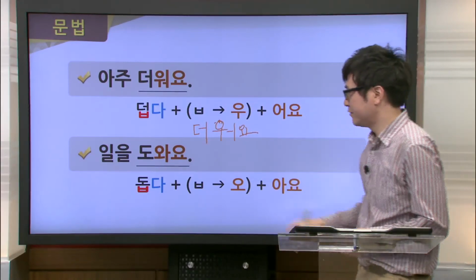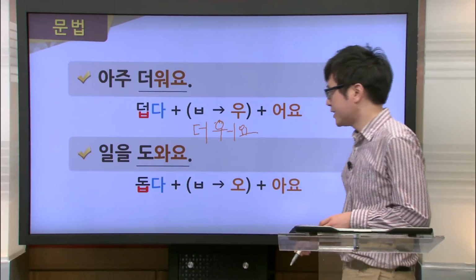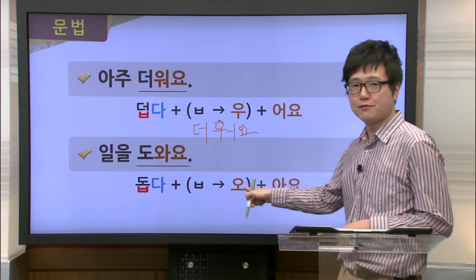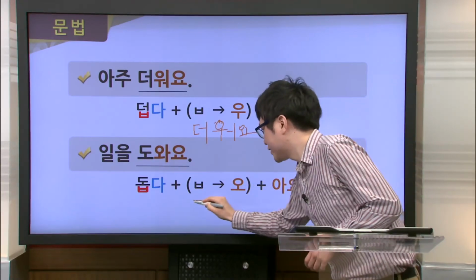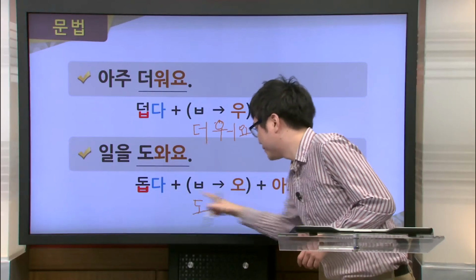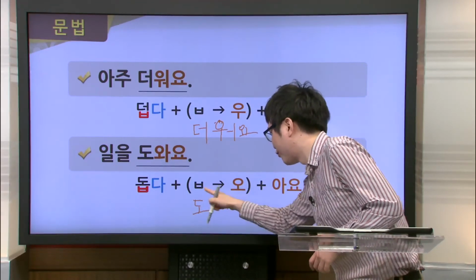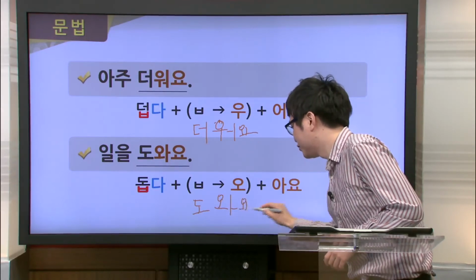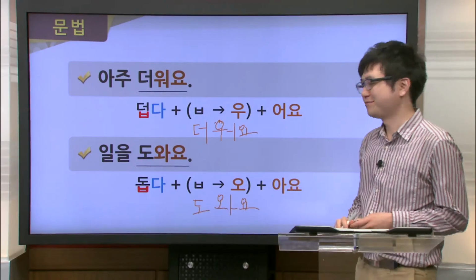And in the case of 덥다, again, because it's followed by 아요, the ㅂ changes to an 오. So what we get is 더, and then the ㅂ again changes to this 오, as you can see here, and combine with 아 and 요 to get us 더워요.